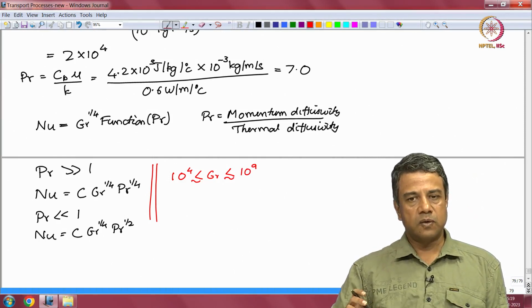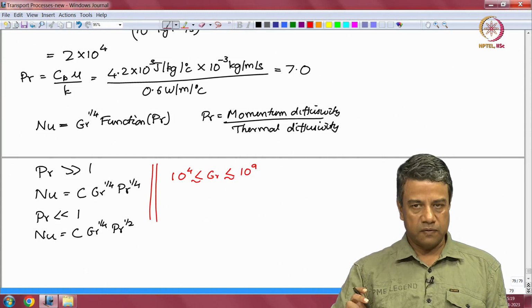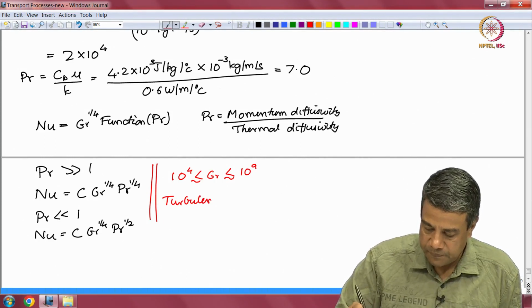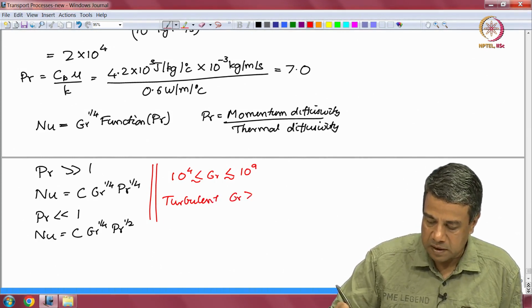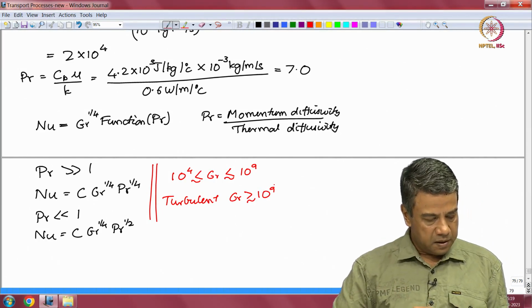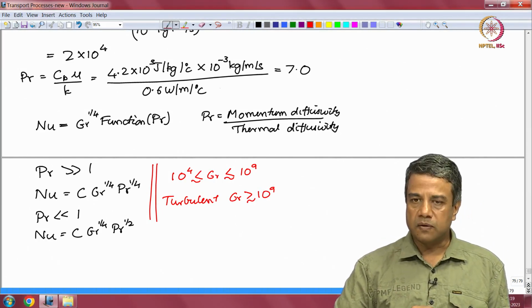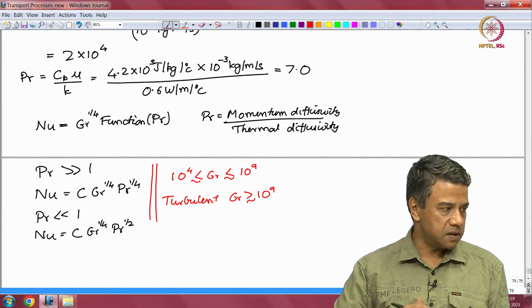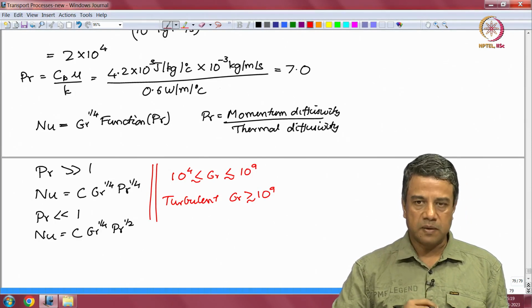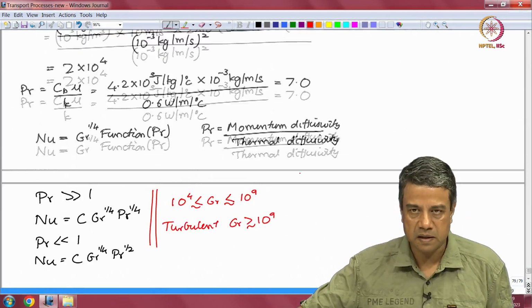This is the regime where there is a laminar flow around the particle, and the flow becomes turbulent for Grashof number greater than about 10 power 9. Okay. And where the flow becomes turbulent, then these correlations are no longer valid. Okay. So, this in brief is a summary of the natural convection.